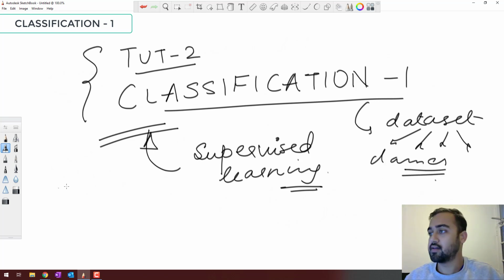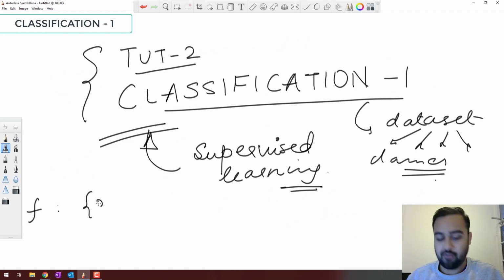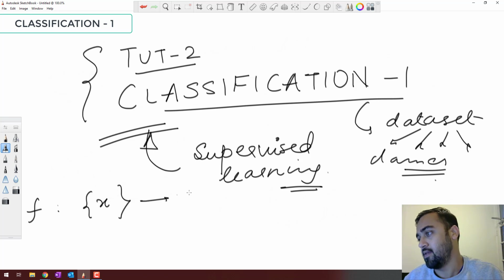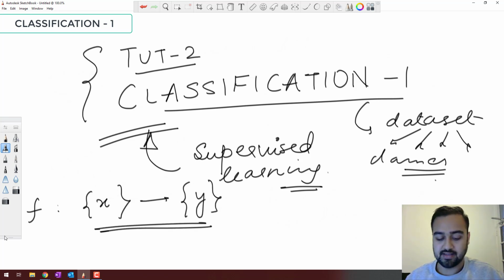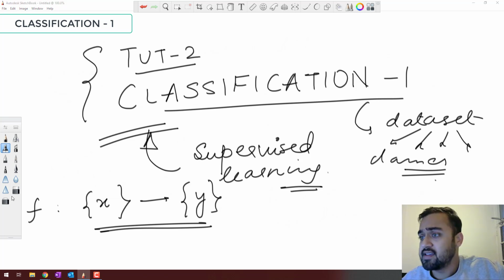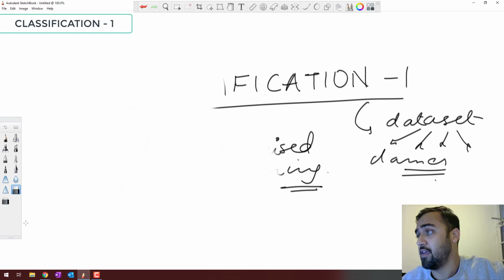The aim is to learn a classifier that usually maps a function f from an input data point to one set of discrete output classes, right? So it maps your data points to discrete output classes. These are basically based on many rules, basically if then else.